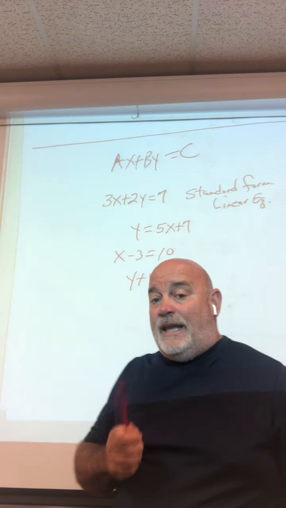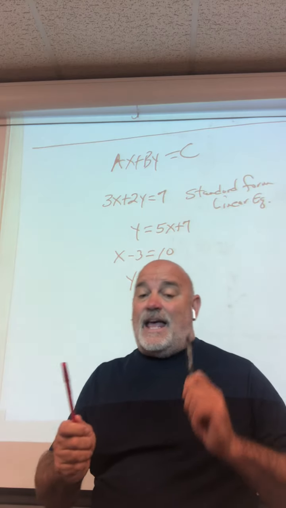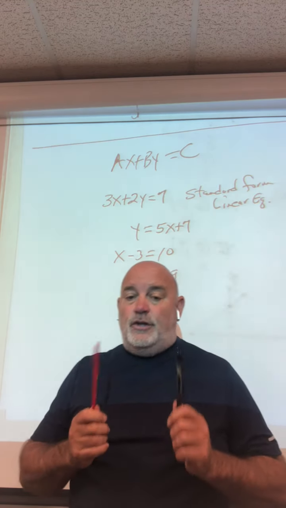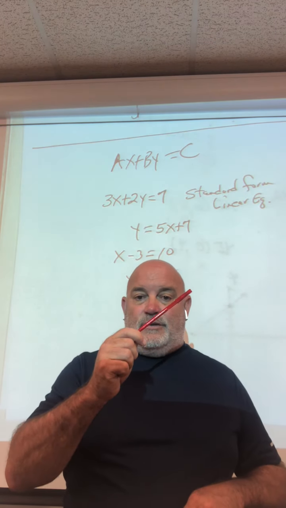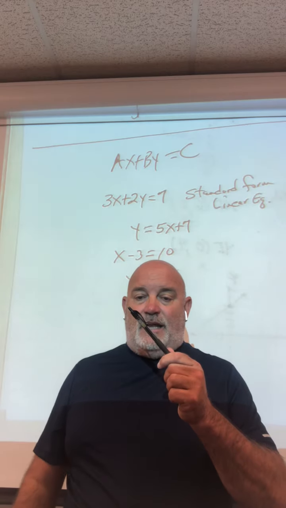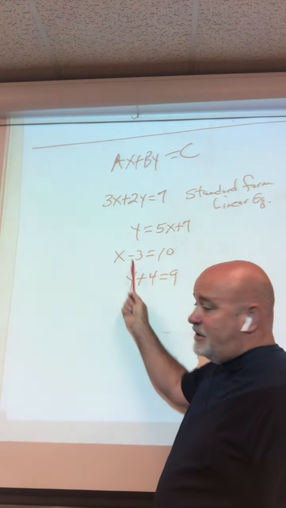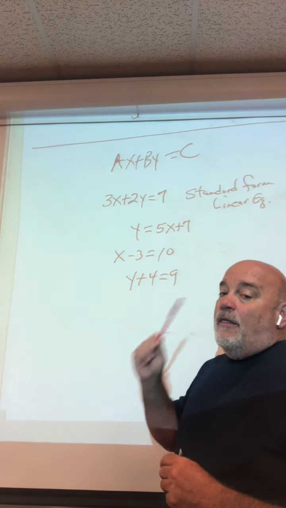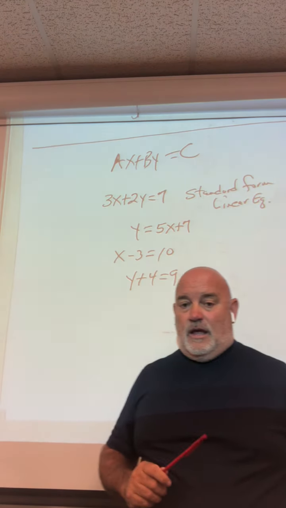If you have a linear equation and it has two letters in it, the x and the y, like all the ones we've been doing, when you graph that, it is always a slanted line. It's either slanted uphill or slanted downhill. But if one of the letters is missing and you only have one letter present, that is when it's going to be either a vertical line or a horizontal line.